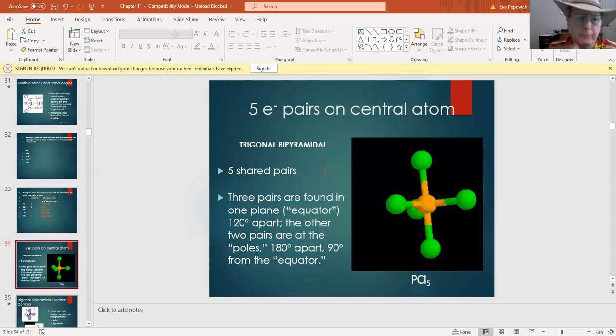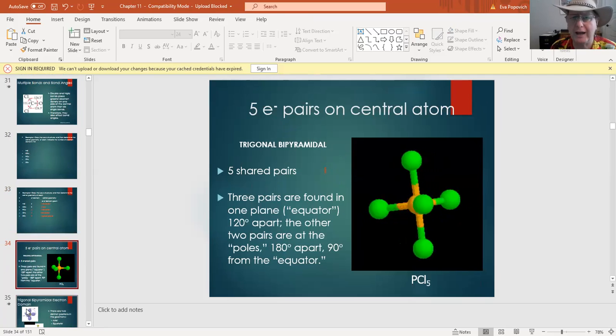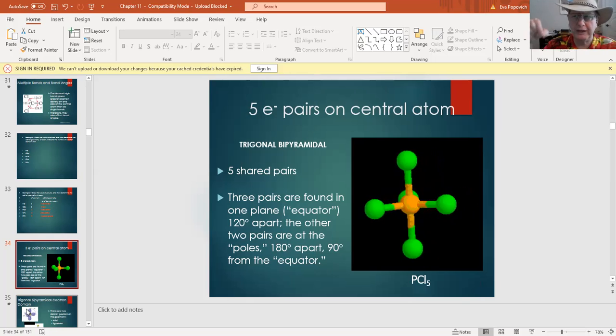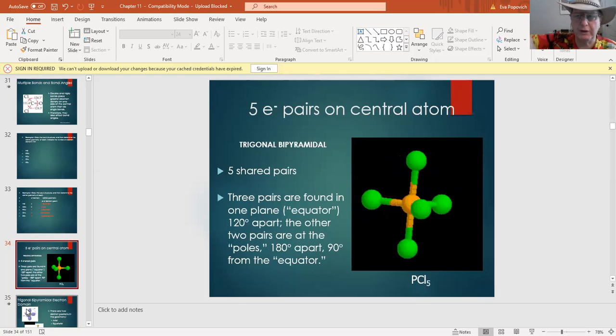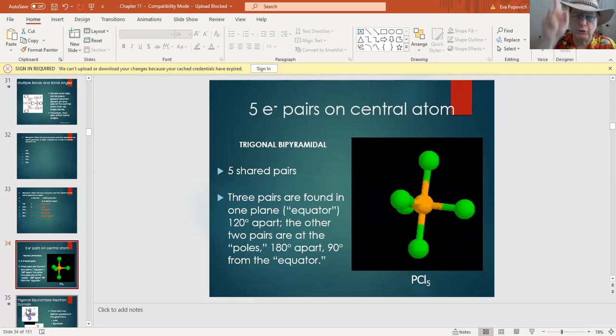Okay, now this gets into new stuff. If we had 5 things around the center atom, 5 electron clouds, that distributes them into 3 equatorial pairs. In other words, you get 3 in a plane 120 degrees apart from one another. And then you get one going up, one going down.